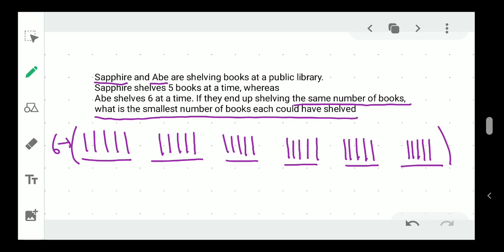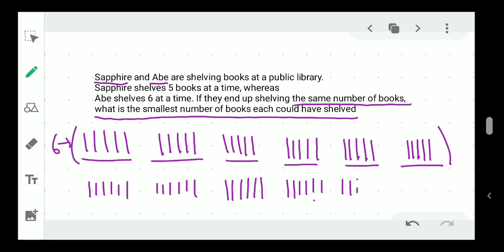Acha. Abe can sell 6 at a time. So first she will do 6. Next she will do 6 more, that is 12. Next she will do 6 more, that is 18, then again 6, so 24, and again 6 more, that means 30.